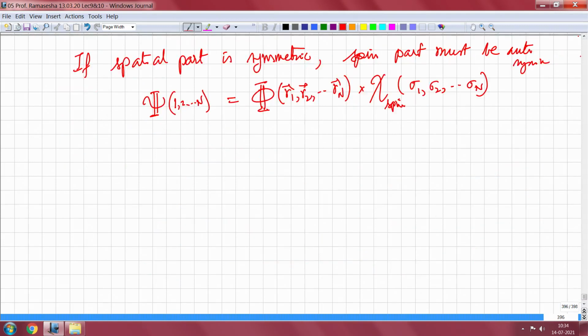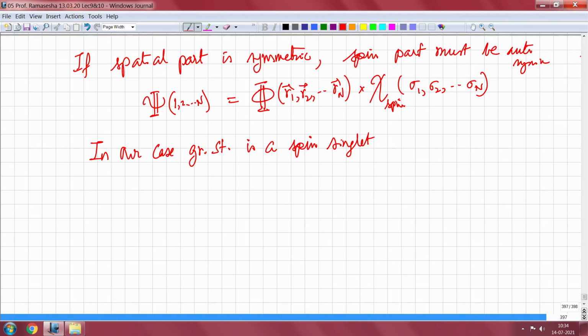So, in our case, the ground state is a spin singlet, because I have 2 electrons in the same orbital.